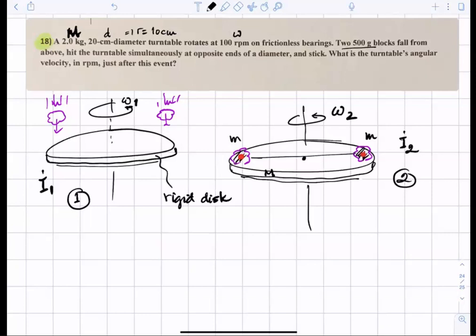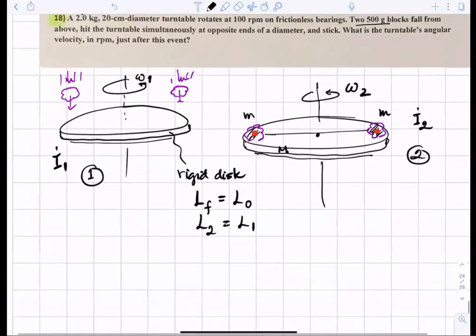So angular momentum final equals angular momentum initial, or L2 equals L1. Out of that, you have to go backwards and find out what I, the moment of inertia, is for each one. Then doing the conservation of angular momentum, we're going to find out what omega 2 is. So let's go about it.